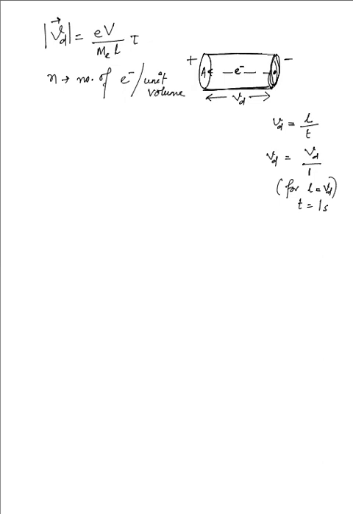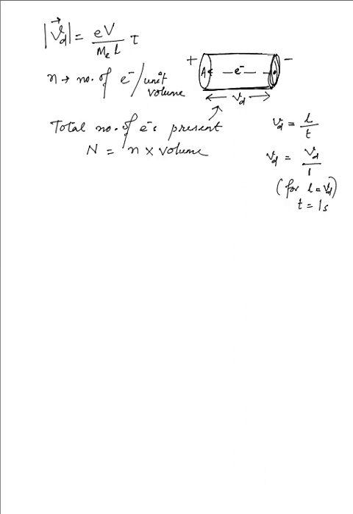The total number of electrons present in this arrangement, let us say, is capital N, and that must be equal to the number of electrons per unit volume, n, multiplied with the volume of the segment we have considered.